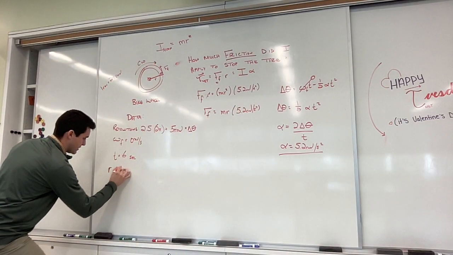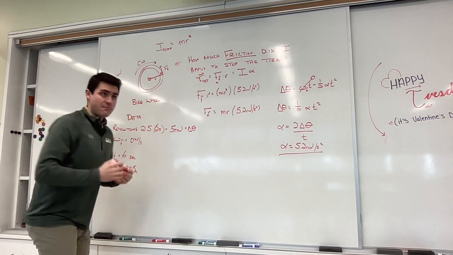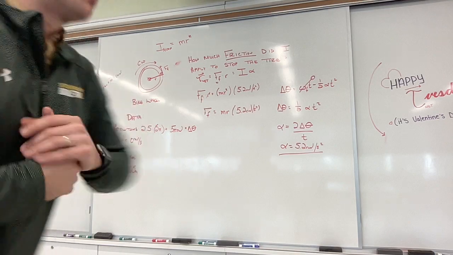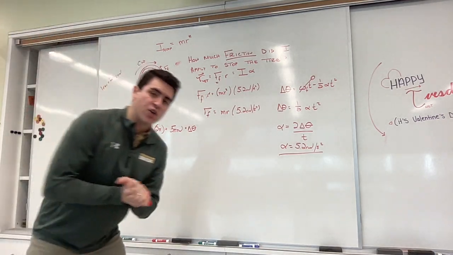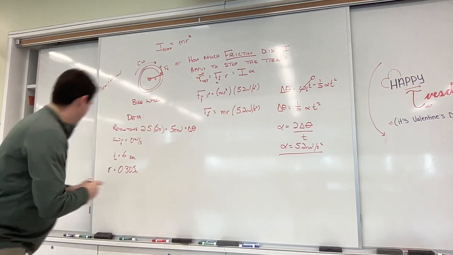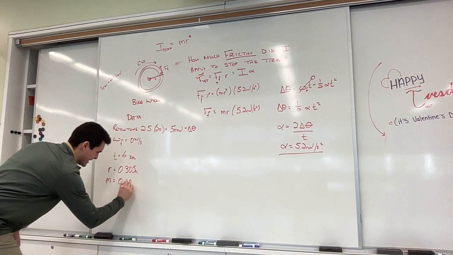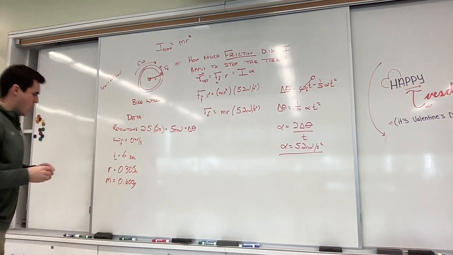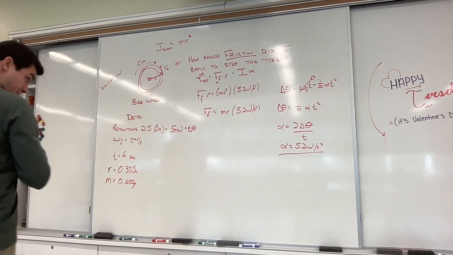Radius is equal to 0.305 meters. And the mass of that gyroscope is probably, let's call it 600 grams. We're going to estimate 600 grams. So now I've taken the mass of this thing. We're going to call it 0.600 kilograms. A little more than half a kilogram. That's probably what it actually weighs there.